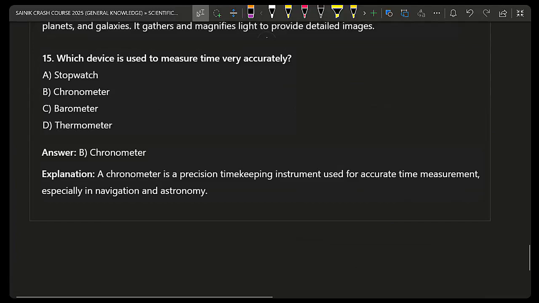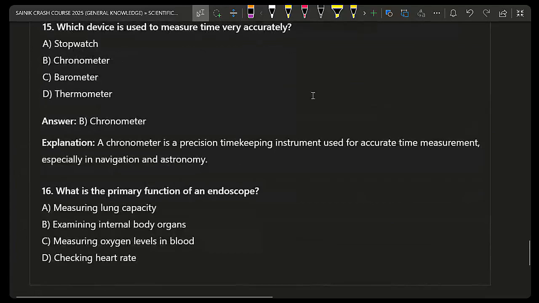This question, I gave you the explanation while discussing another question. Let me see how many of you remember. What is the primary function of an endoscope?